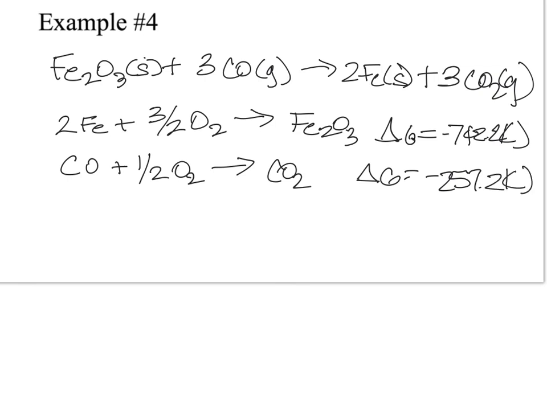All right, so I need to make these 2 reactions sum to equal this one on top here. So we'll draw a line. I'm going to have to either reverse it or multiply it in order to get it to cancel out to equal that reaction. If I look at the first one, I know that iron 3 oxide is a product and iron is a reactant, and that's opposite to what I have up here.